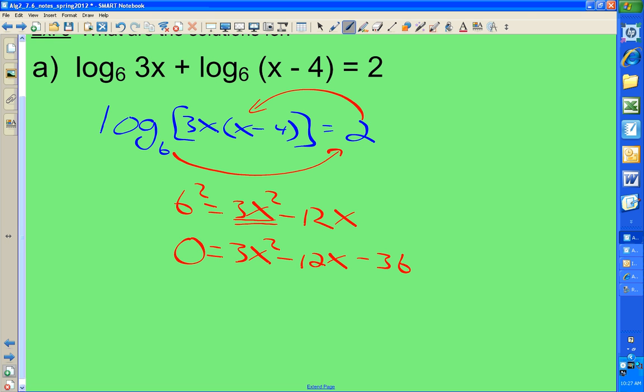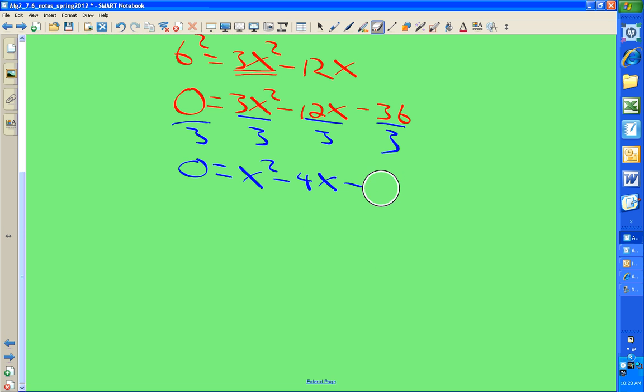Now, before you factor, you could factor out a 3, but easier than factoring out a 3 is divide out the 3. So we could literally divide both sides, every term by 3. And you're going to get 0 equals x squared minus 4x minus 12.